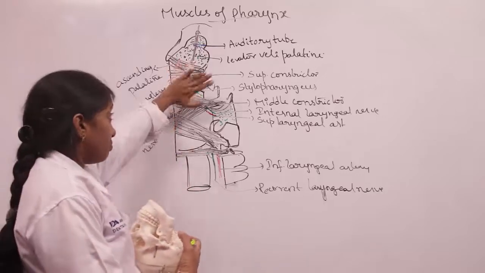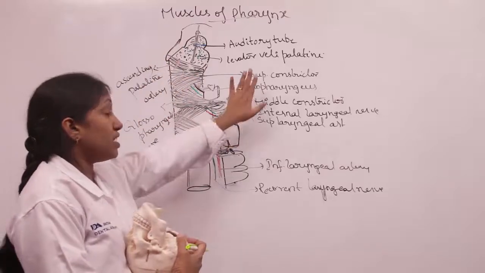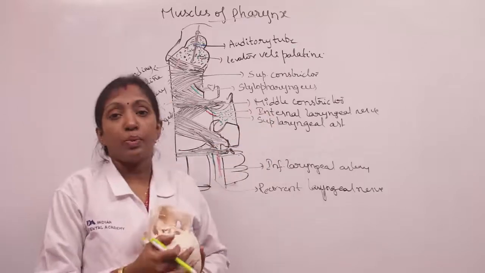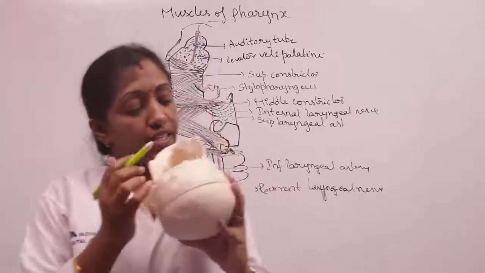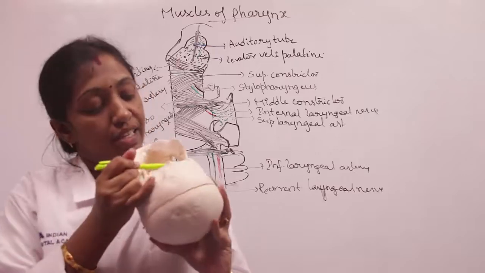So in the circular muscle coat of the pharynx, three constrictors are present: superior constrictor, middle constrictor and inferior constrictor. Coming to the superior constrictor, here we can see the pterygoid plates. This is the medial pterygoid plate and this is the lateral pterygoid plate.